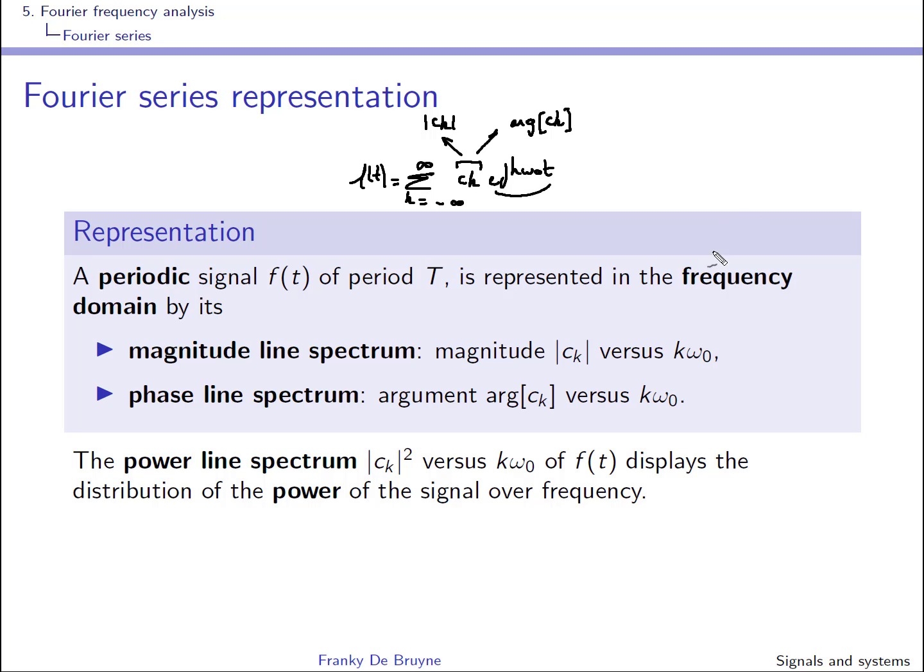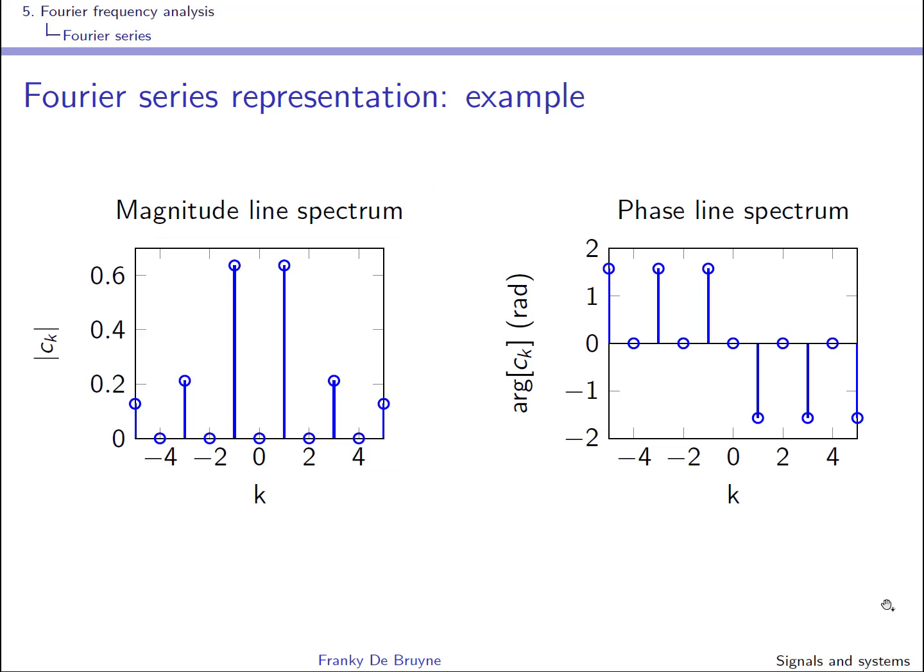In fact, it's k omega 0, and this gives you the magnitude line spectrum and the phase line spectrum. Okay, this one will leave aside, and we'll see what is the interpretation of these two spectra.